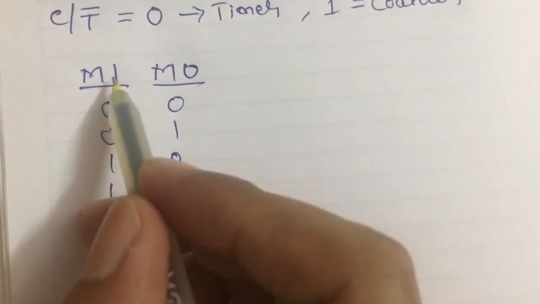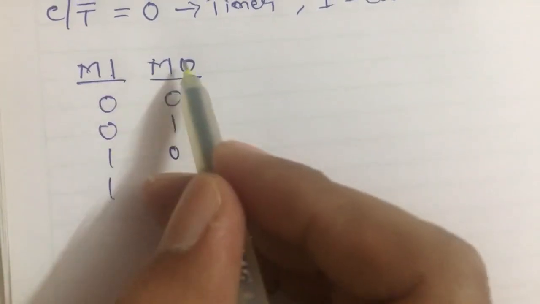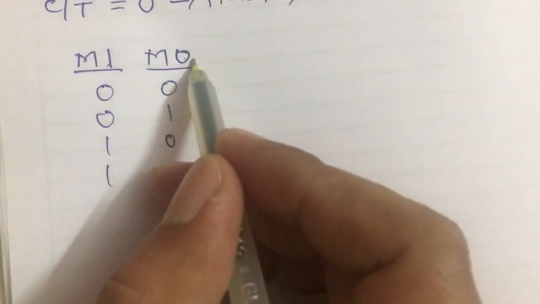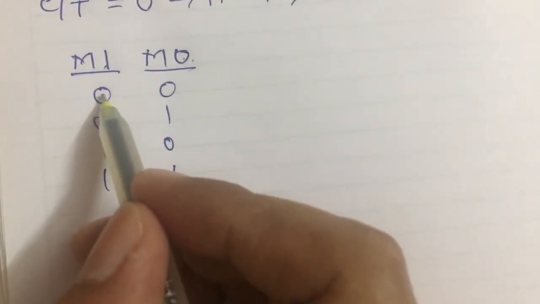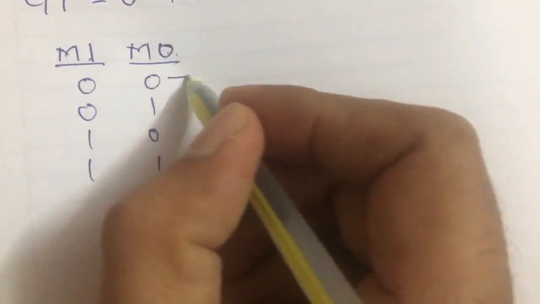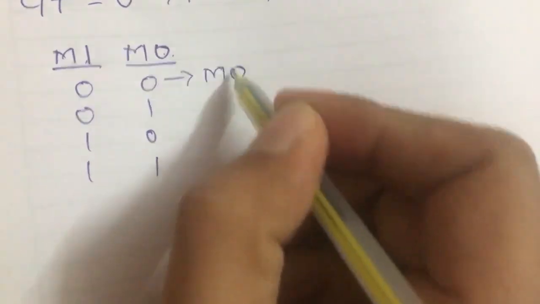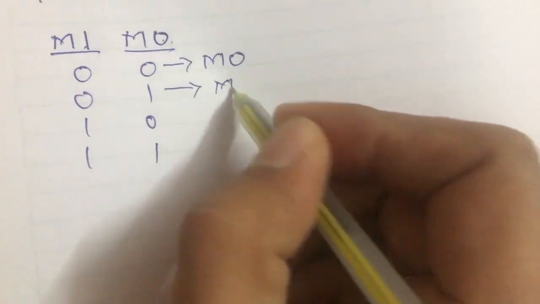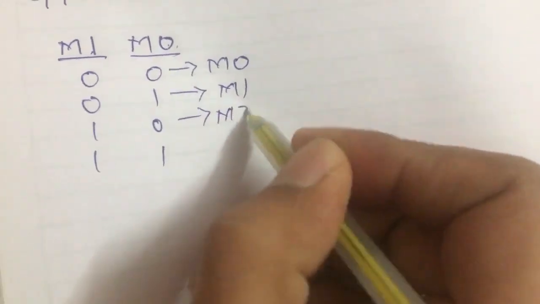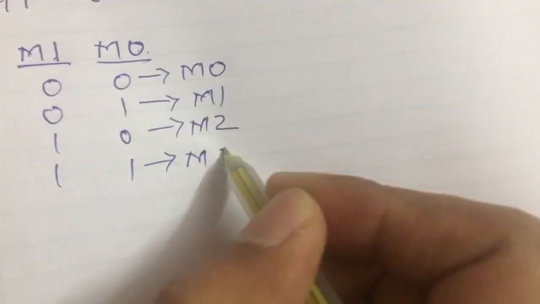Please note, we need to take M1 first and then M0, not M0, M1. If the value of these two is 00, it is called mode 0, and this is mode 1 as usual, this is mode 2, and this is mode 3.